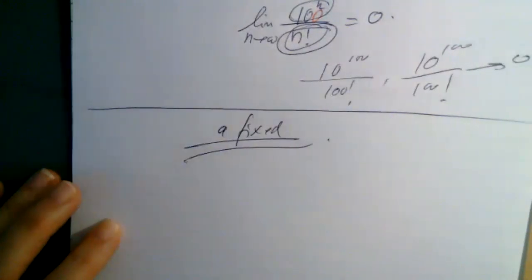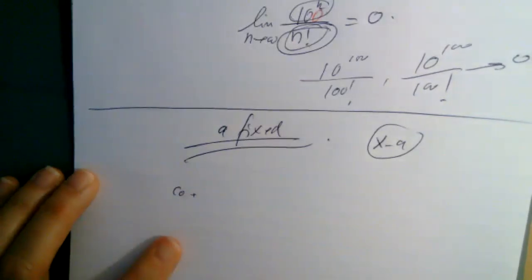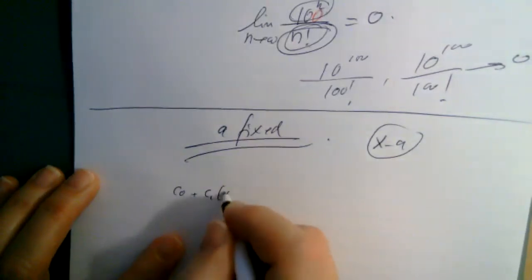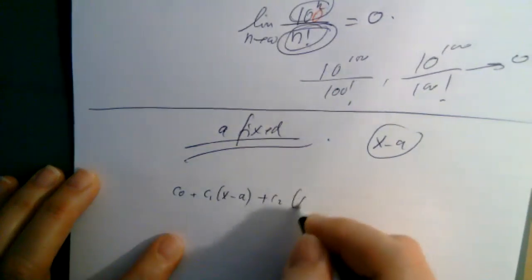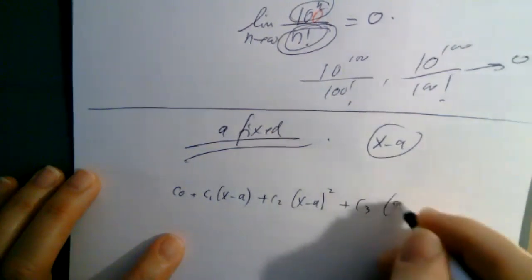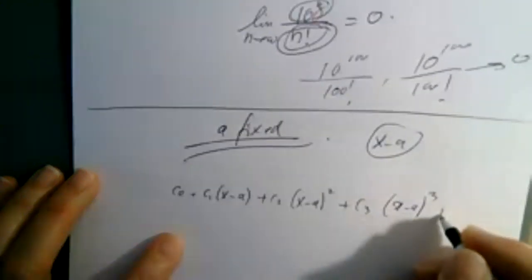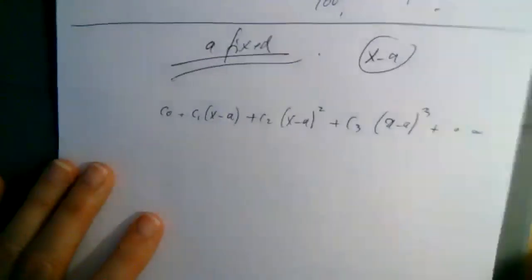So a is fixed. A power series in x minus a means a series of the following form: C0, but instead of x, we have x minus a; instead of x squared, we have x minus a squared; then x minus a to the power 3, and so on and so forth, where a is fixed and the constants are fixed.